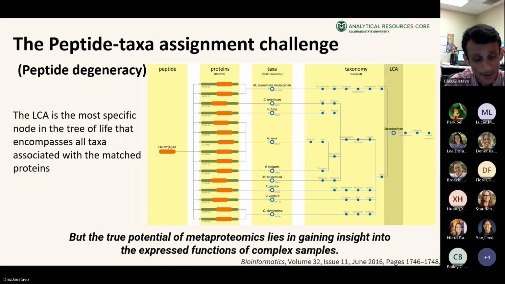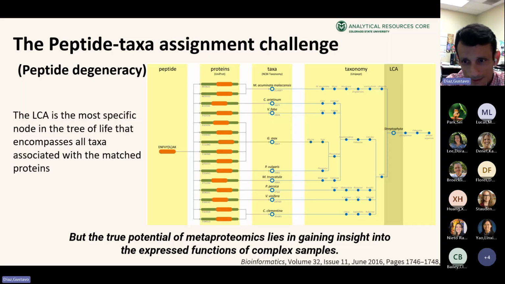Here we face the problem of peptide degeneracy, which is that a peptide can match several proteins. That can even happen when we do single-species proteomics analysis. We have a peptide on the left, and it can perfectly match dozens of proteins. At the same time, we can link those several proteins to different taxa.